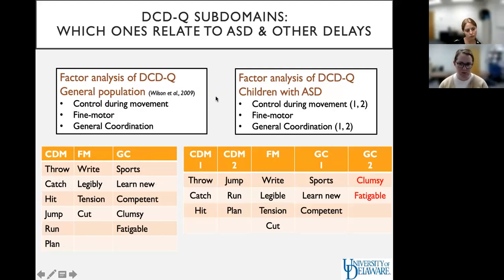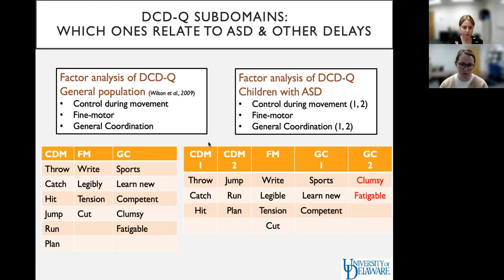But when you do the same confirmatory factor analysis with the sample from the SPARK data set, you get a different picture. You actually get 5 factors that are important, and they look different, suggesting that motor issues in this population are different than that in a general population.